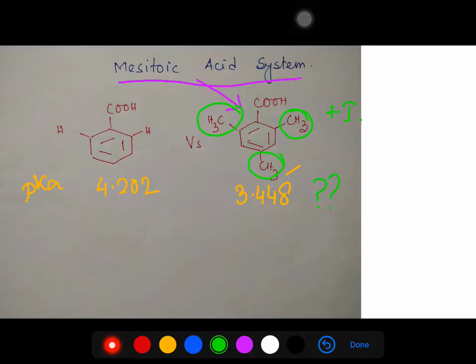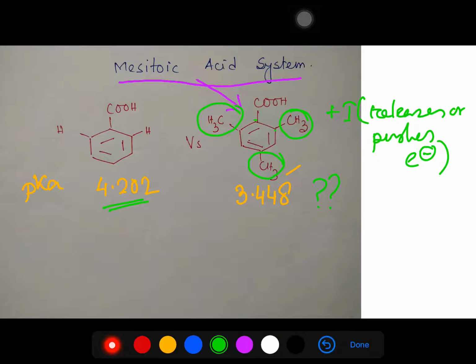That it releases or pushes electrons. If it pushes electrons to the benzene nucleus, it is expected that this 2,4,6-trimethylbenzoic acid, that means mesitoic acid, should be less acidic, so its pKa is expected to be higher than this 4.202, but it is not.